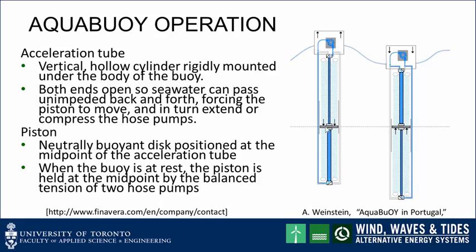And then the piston is in the middle, which is a neutrally buoyant disc. And when the buoy is at rest at a neutral position, the piston is held in a balanced position by the tension of the two hose pumps, one here and one here, which at that point are in balance.